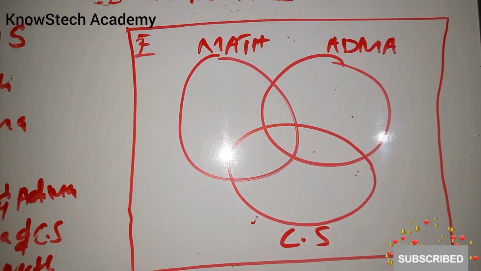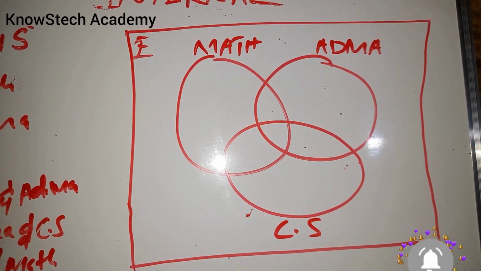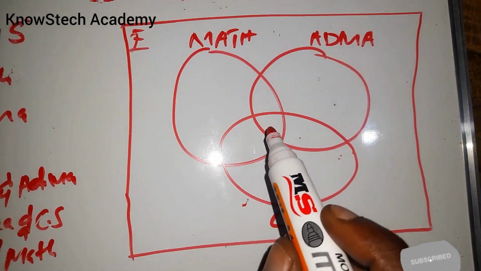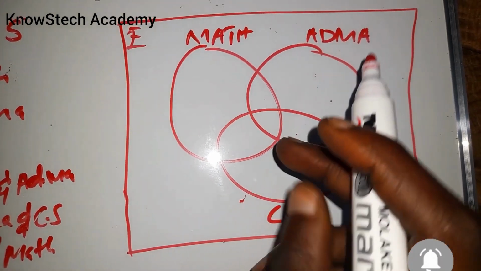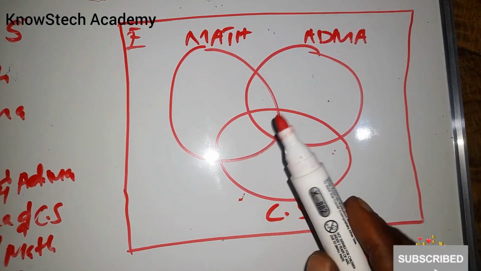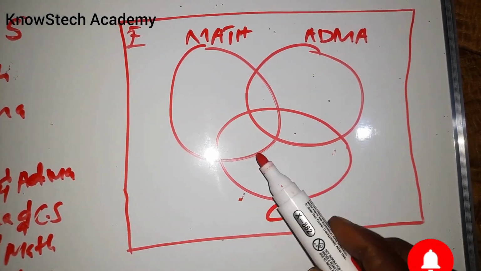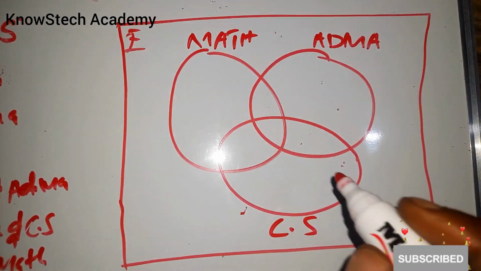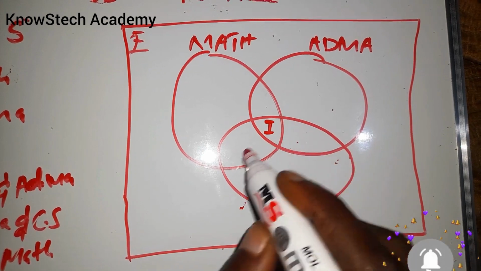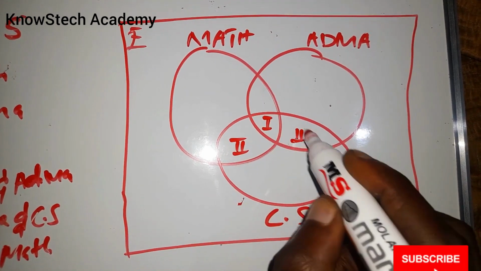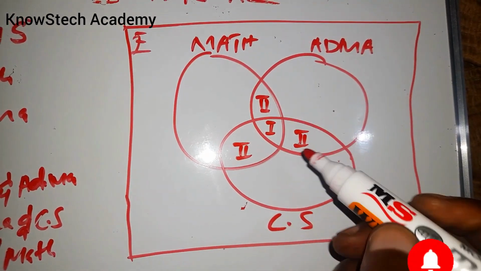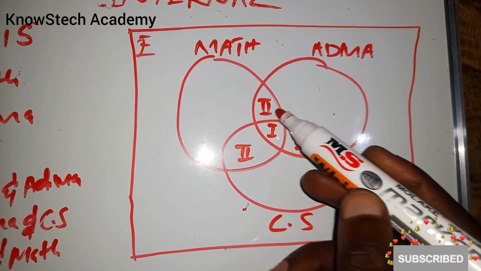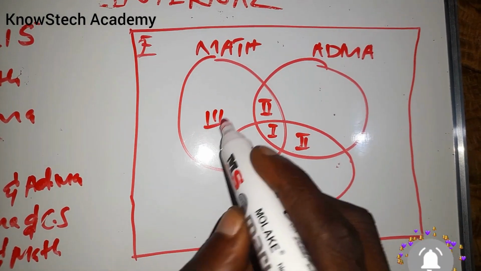So when illustrating information into the Venn diagram, we always start with the intersection of all the 3 sets. Okay, then you go outwards like this. So from this you go to the intersection of the 2 sets here, 1 2 3. So let me just show you like this.